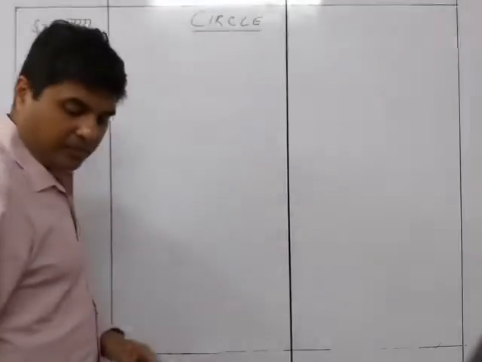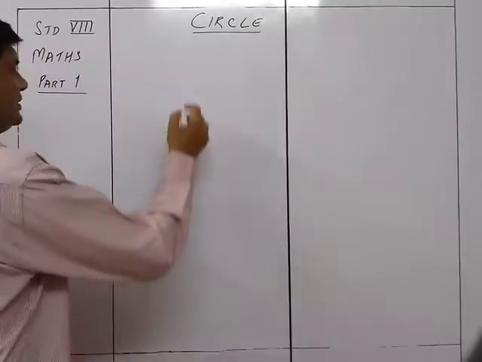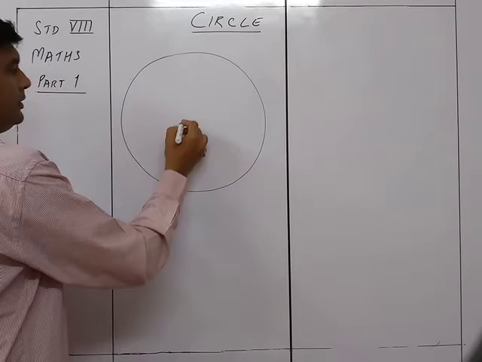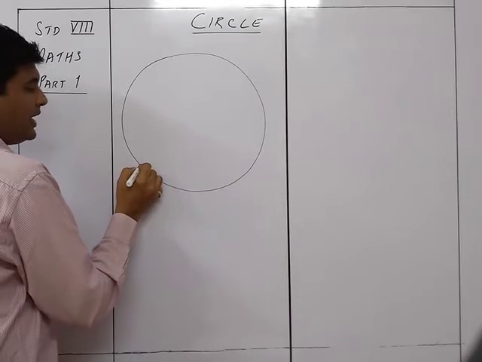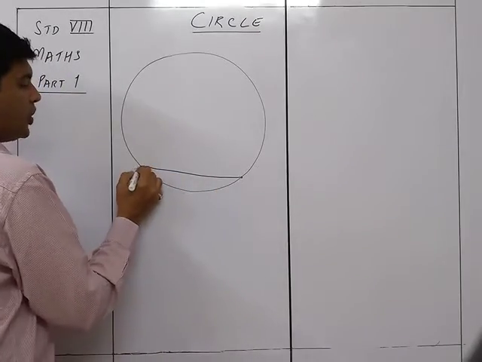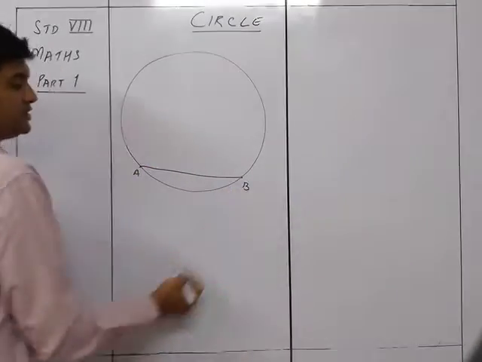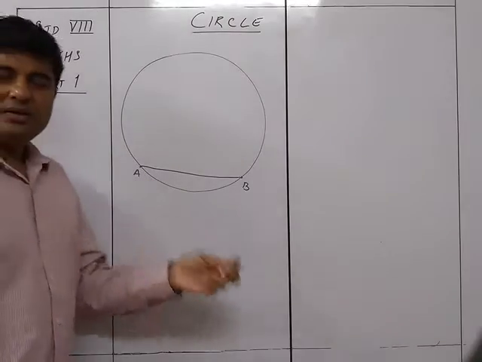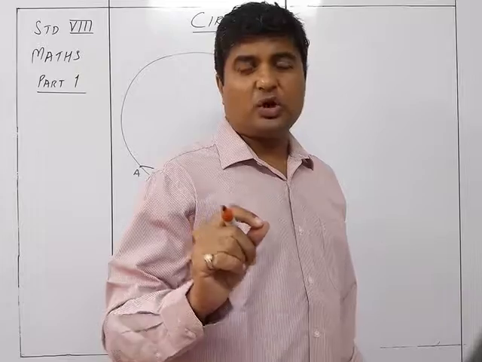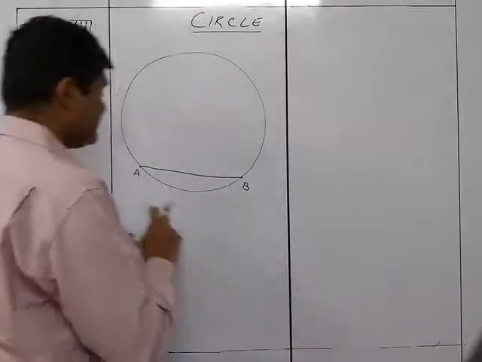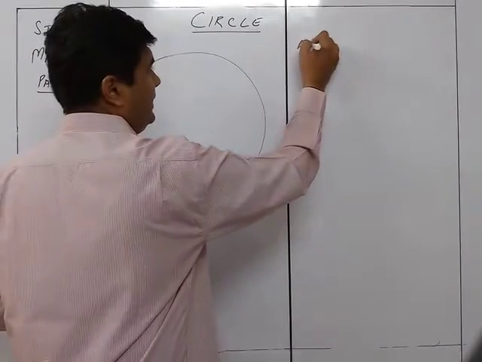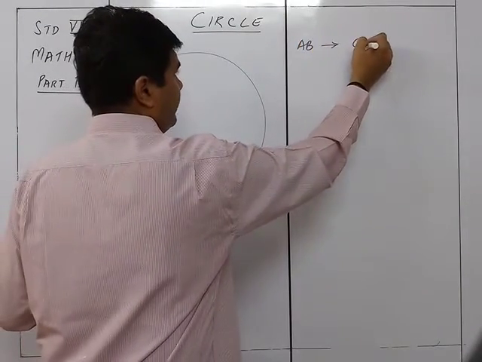So first is, if I have got a circle and if I have got a segment which is drawn joining 2 points on the circle, okay, this is a segment drawn joining 2 points on the circumference of the circle, then such a segment AB is called the chord.